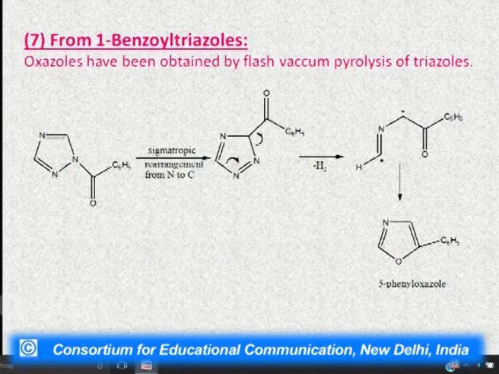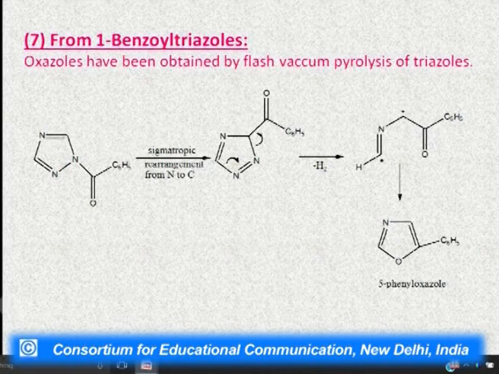These oxazoles can be prepared from 1-benzoyl triazoles. Here we have taken triazoles, where 3 nitrogens are present in the same ring. Oxazoles have been prepared from pyrolysis of these substituted triazoles by flash vacuum pyrolysis.